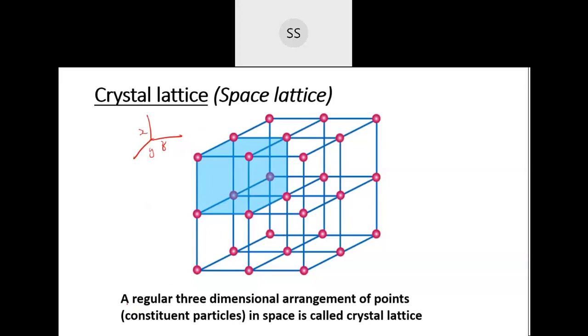The definition goes as I've given here: the regular three-dimensional arrangement of points in space. Those points can be atoms, molecules, or ions. Only for these crystalline solids will we define crystal lattice.